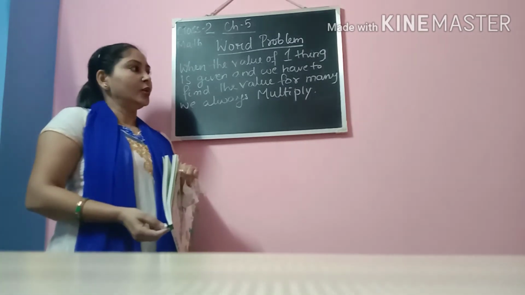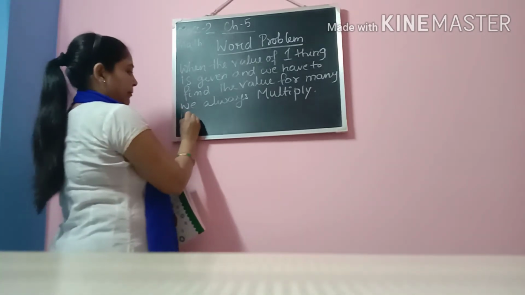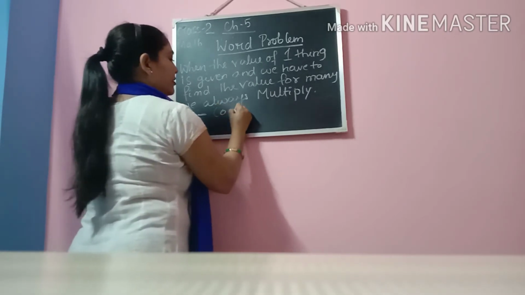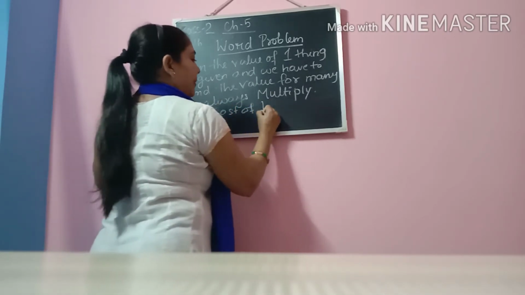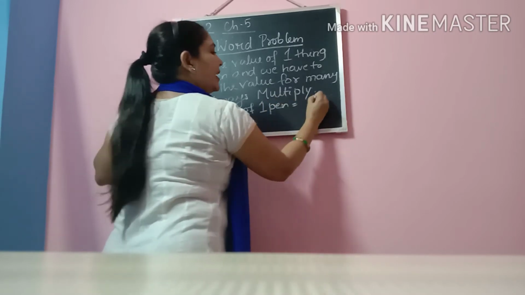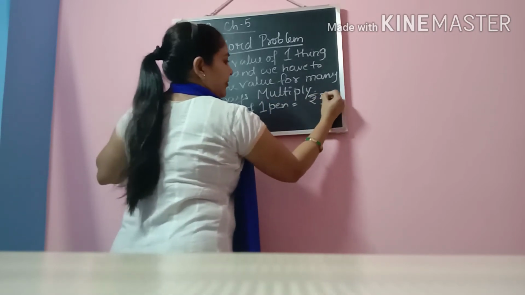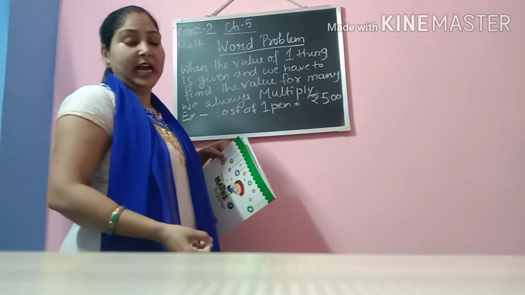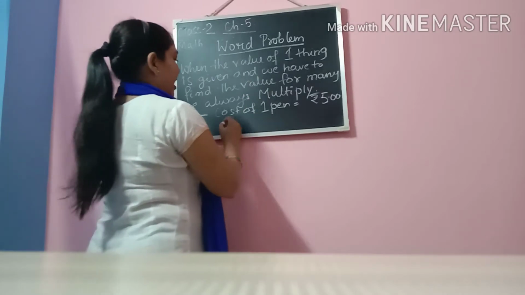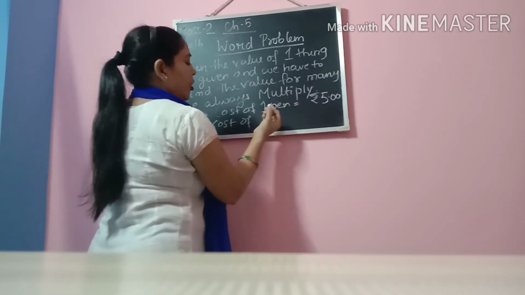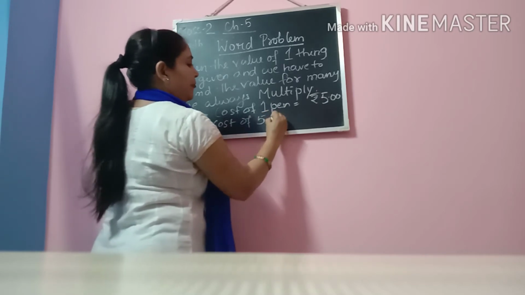Now the cost of 1 pen, example I am just doing here, is rupees 5. And how many pens do I have to buy? I have to find out the cost of 5 pens.